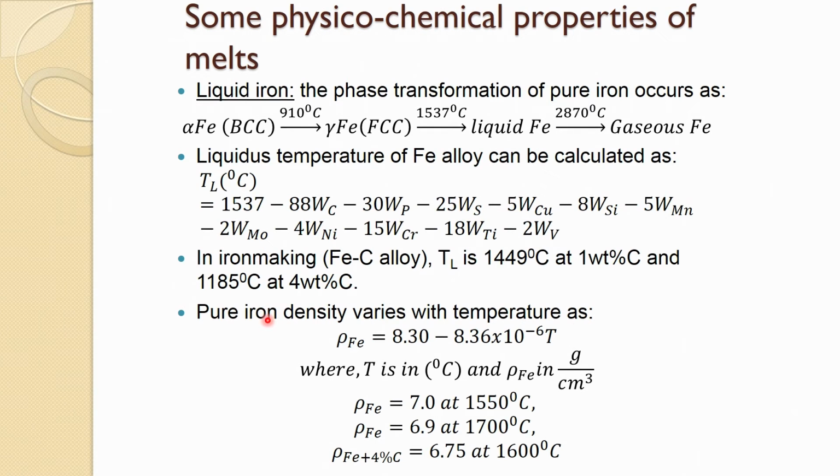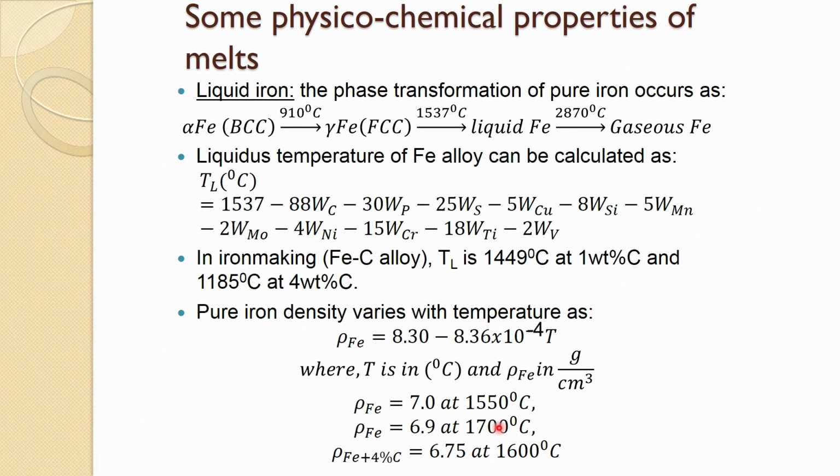Similarly, the density of iron varies with temperature, and this empirical correlation can be used for density variation with respect to temperature. Here T is in degrees Celsius and iron density is given in grams per cubic centimeter. So, at 1550 degrees Celsius iron density is 7, at 1700 degrees Celsius it is 6.9.